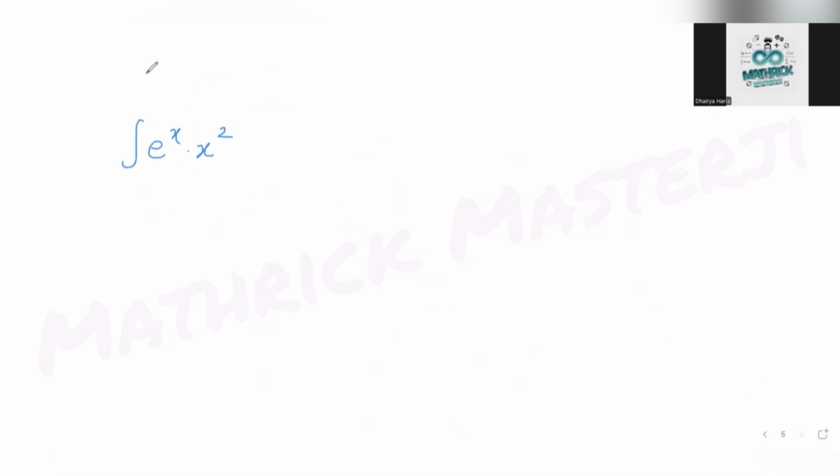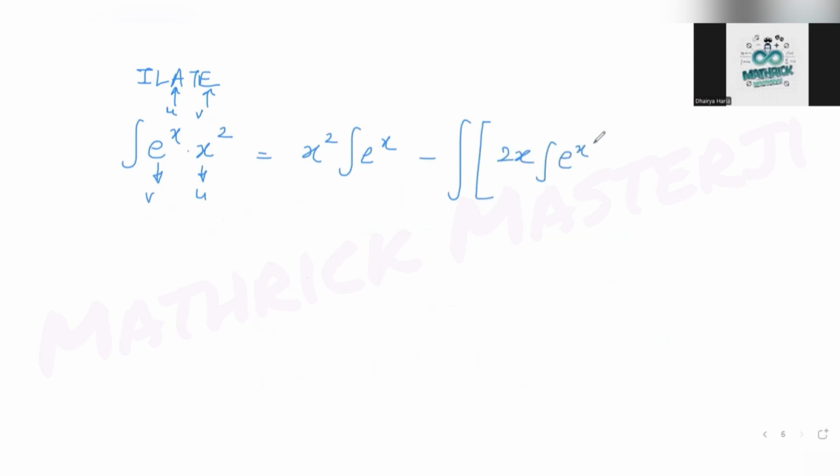I go about the ILATE rule. So basically what I get from here is exponential functions come at the end. First comes x squared, which is an algebraic function. So algebraic becomes u and this becomes v. So this is u, this is v. So what I get from here is write u as it is, take integral of v, minus a big integral of derivative of u, which is just 2x, integral of v again, which is e raised to x.